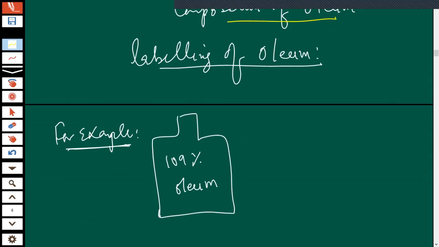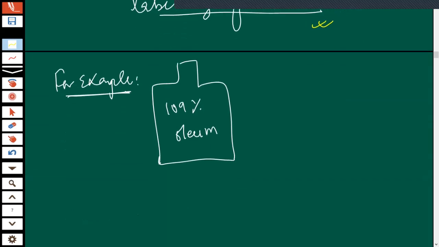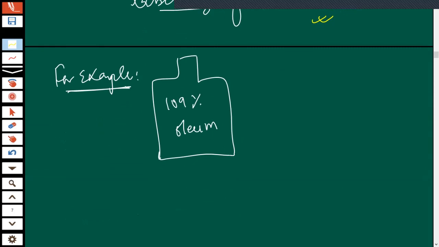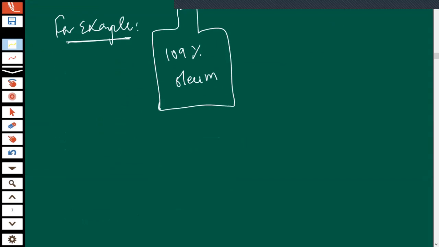See the labeling of oleum, how we prepare oleum and how we label it. We can understand this better with an example: 109% oleum.